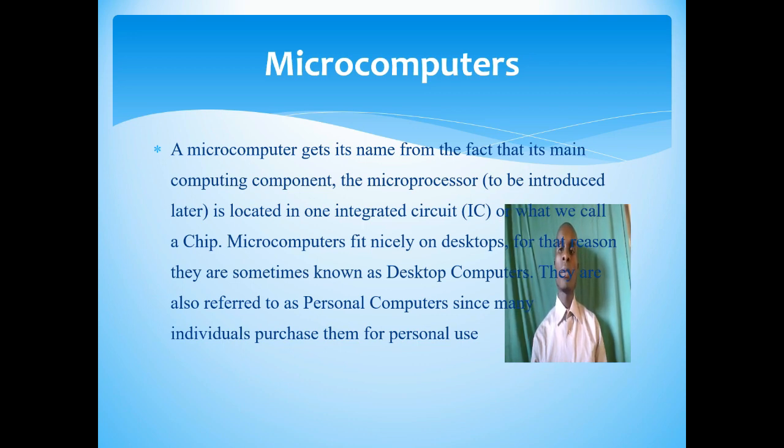For that reason, they are sometimes called desktop computers. Microcomputers are also called personal computers since many individuals purchase them for personal use. Examples of microcomputers are the desktop and the laptop. Those are under the category of microcomputers.